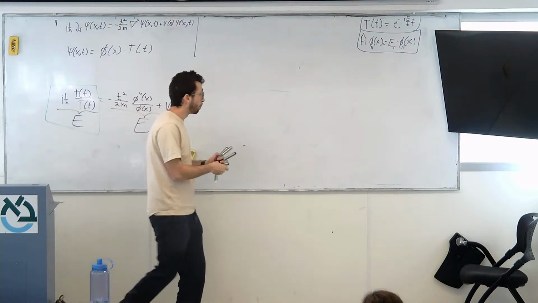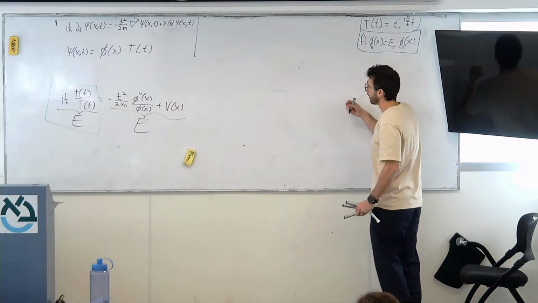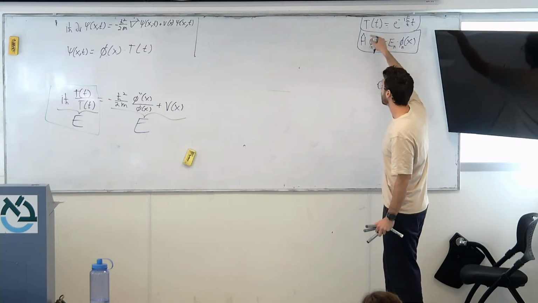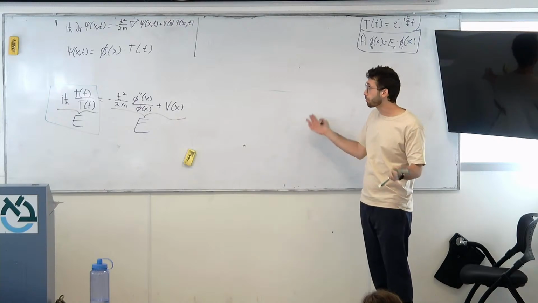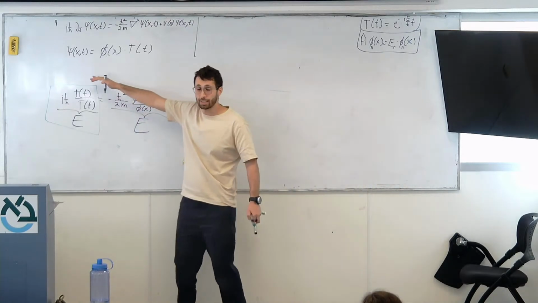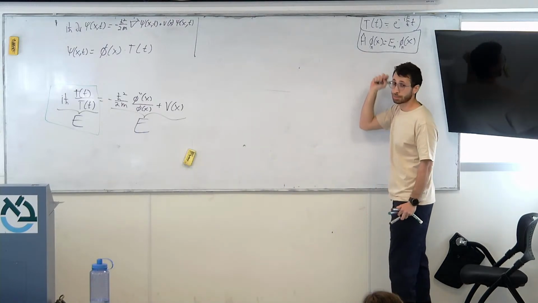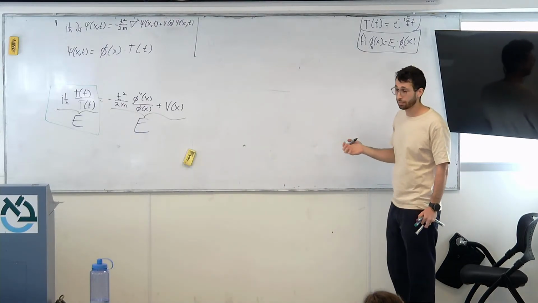Now, when we want to combine, where phi n of x is the spatial solution and T of t is the temporal solution, I want to combine it into psi of x and t. What we need to remember is that this is a specific energy mode.